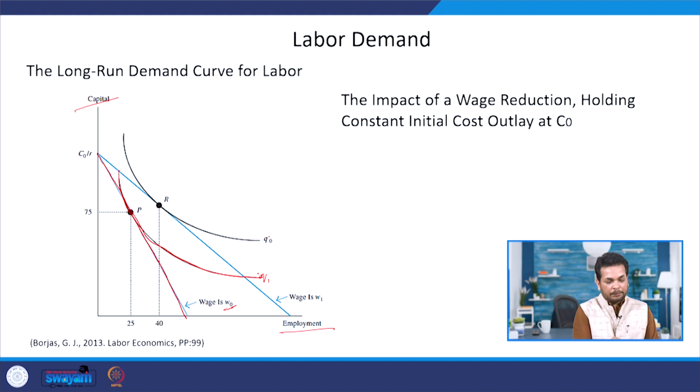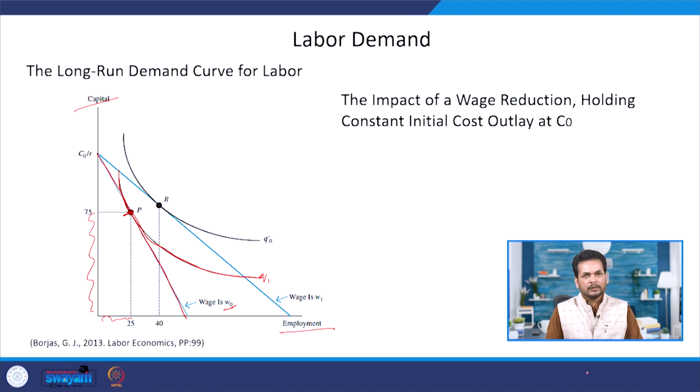So, the farm is operating at point P, meaning the profit maximizing condition is satisfied at point P. The farm is employing 75 units of capital and 25 units of labor. Let us say this is the initial situation for the farm.